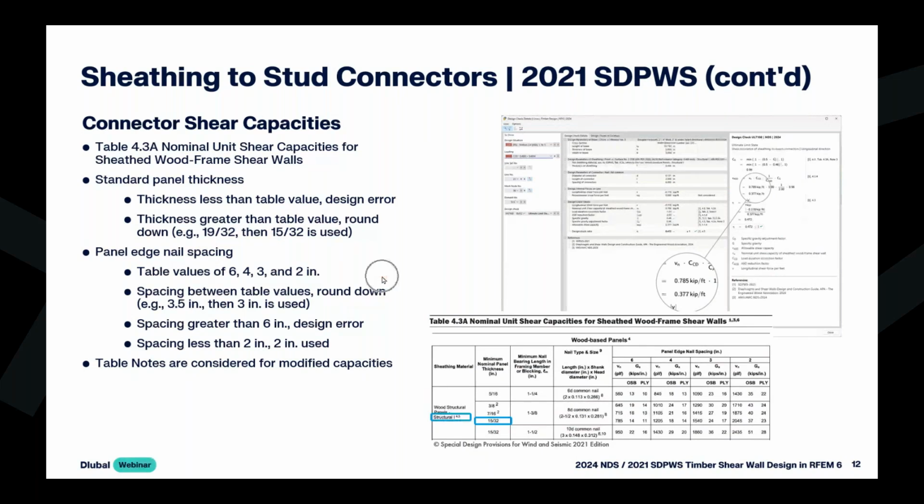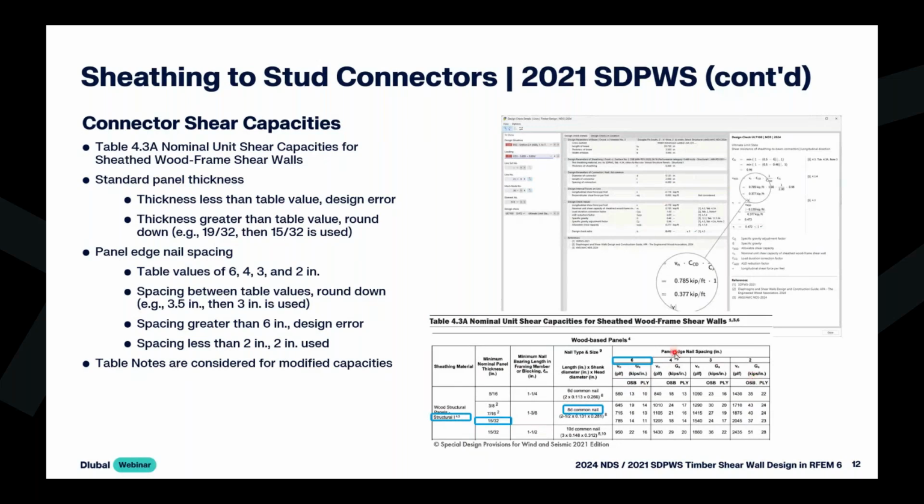Now, we also talk about our nailing itself. So we start off with first the size of our nail. In this case, it was 8d. And then you will notice that we have the different spacings in the columns here. So the only spacings that are given are 6, 4, 3, and 2.